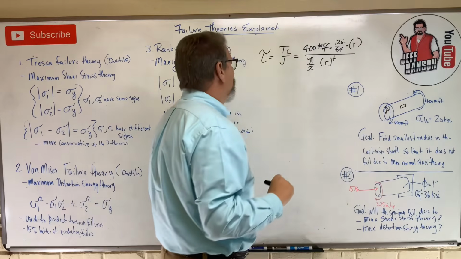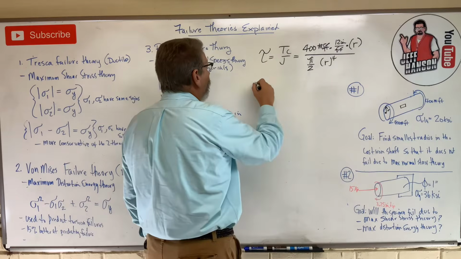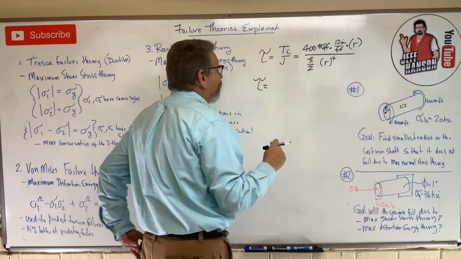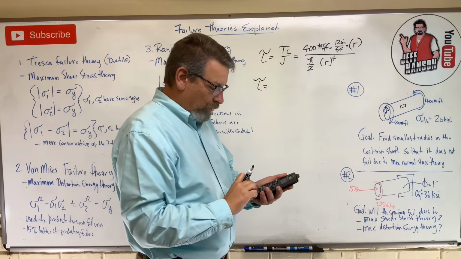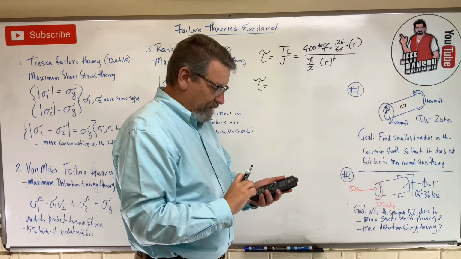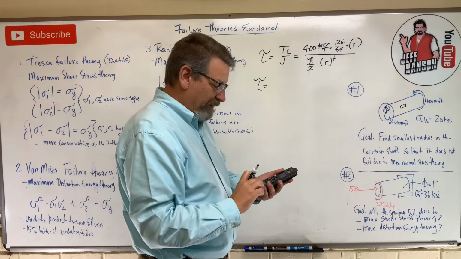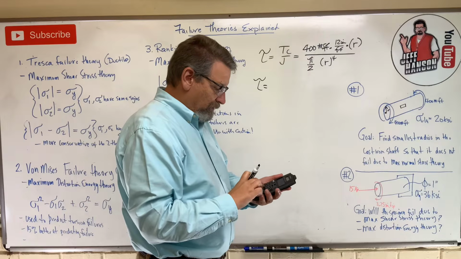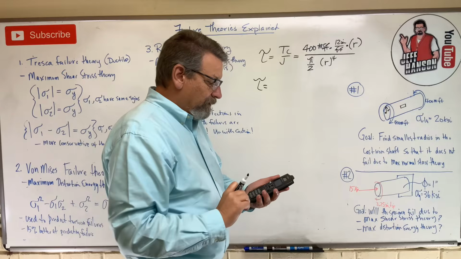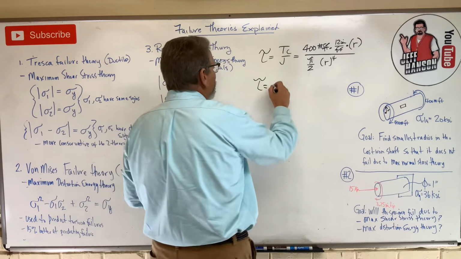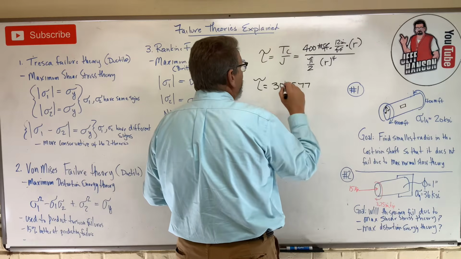All right, and so what can we do with that? Well, here's what we can do with that. Tau is equal to, let's do a little math here. Let's math this up. 400 times 12 equals, and then divided by pi over 2, pi divided by 2, parentheses, 3055.77, and then divided by what?